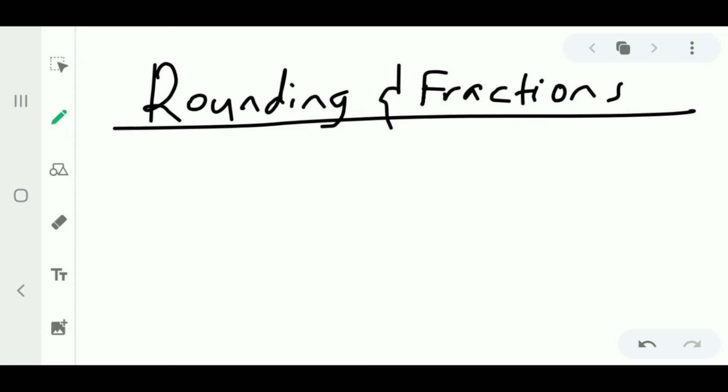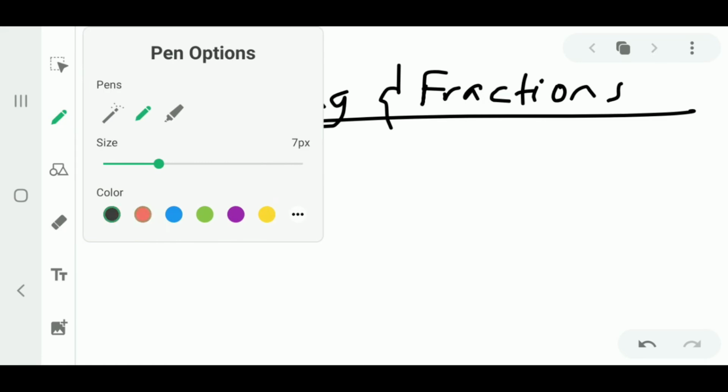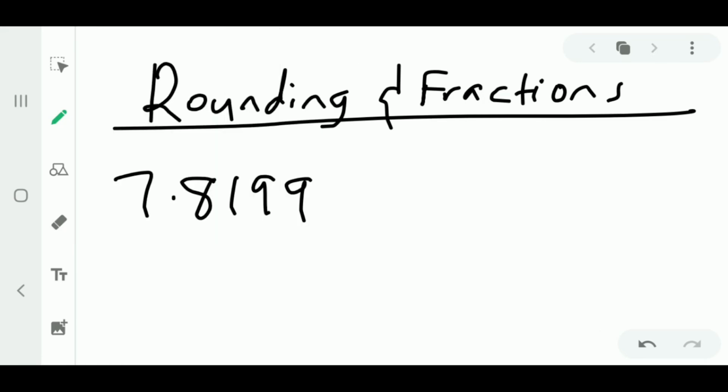So this works exactly the same way as you would round all numbers. The only difference is instead of rounding tens, hundreds, thousands, and so on, you're going to be rounding tenths, hundredths, and thousandths. So for example, let's say we have 7.8199, and we're going to round this to the nearest tenth.